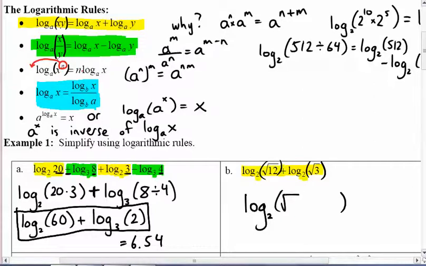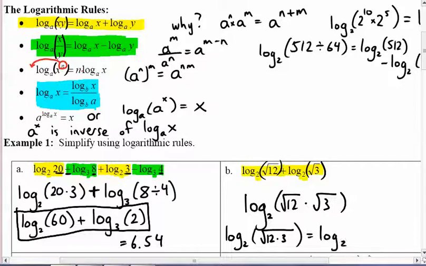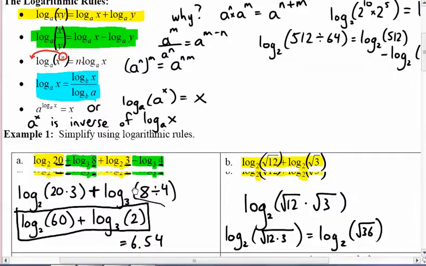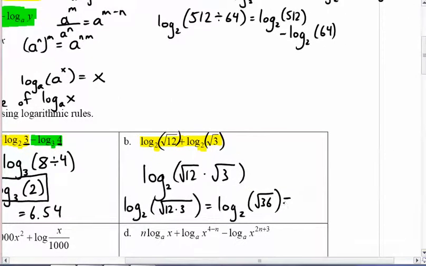Inside we have root 12 times root 3. And from grade 10, if you multiply 2 square roots, you can multiply those numbers inside of 1 square root. 12 times 3 is 36. So this is log base 2 of 6.